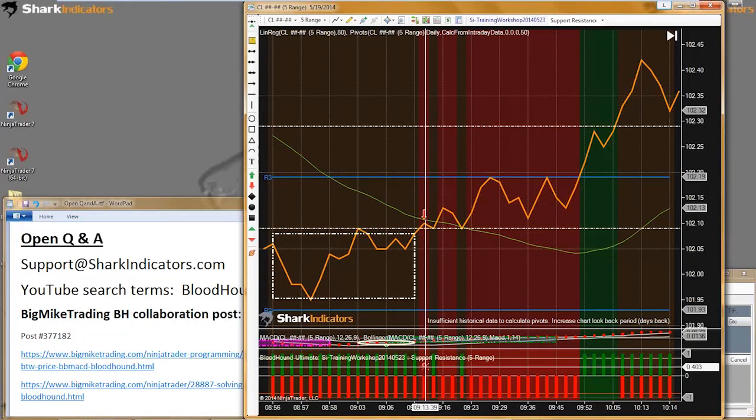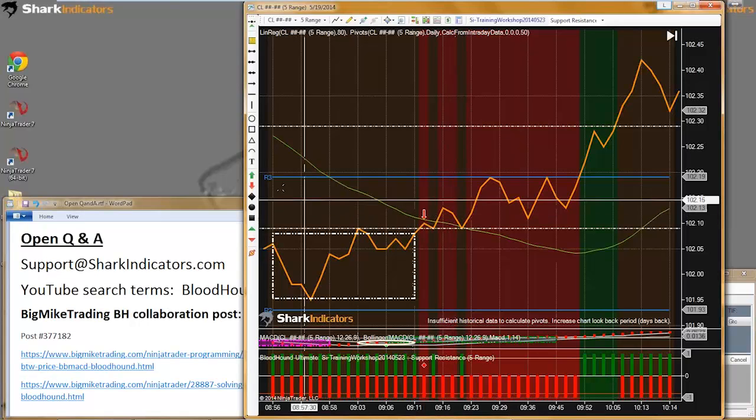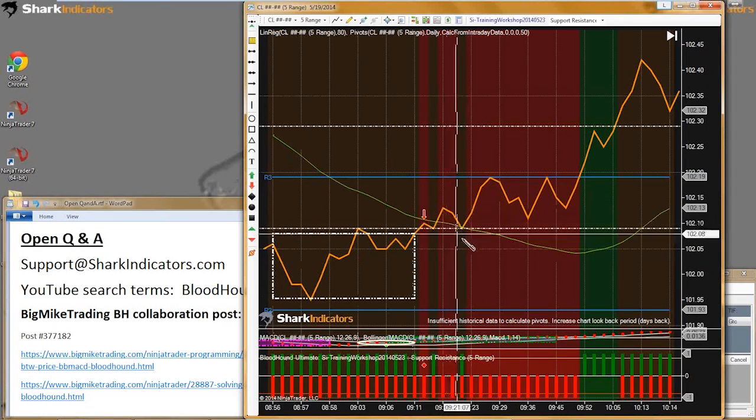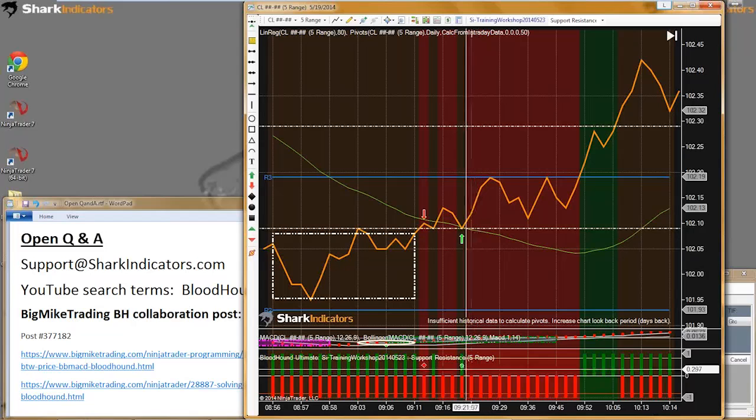So the support resistance solver is telling us we're too close to the R3 line to take a trade. And then another example right here: price drops back down, and now price is 10 ticks away from the R3 line. And so once again, we're okay to take a long trade, and therefore we have a long output here.